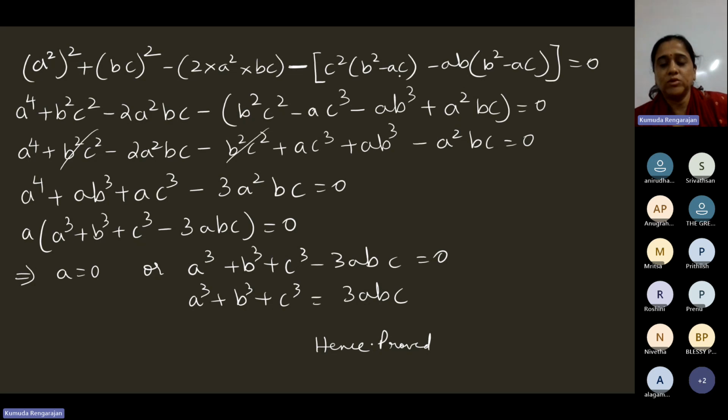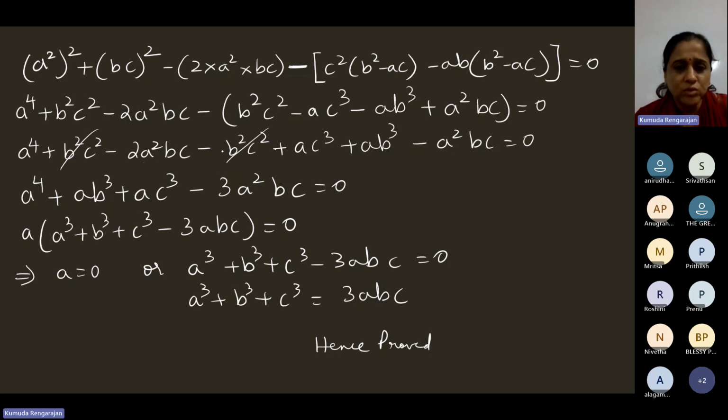When the brackets are released, you have 4 terms and the signs change. Plus b squared c squared minus b squared c squared cancels. And we have 2 like terms, a squared bc, minus 2 minus 1, so minus 3 a squared bc.